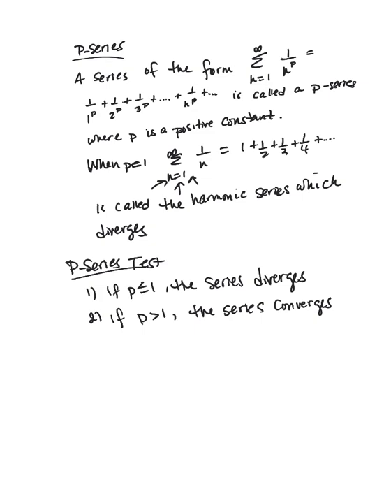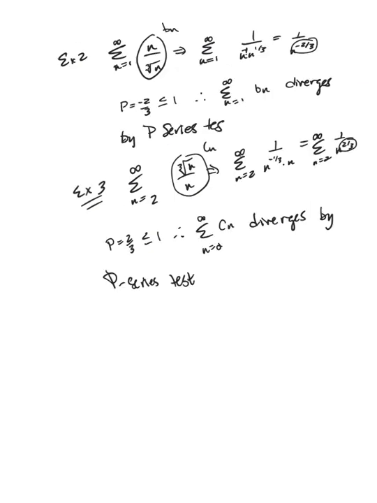All right, so let's take a look. Okay, example, sigma n equals 1 to infinity of 1 over n times the cube root of n. All right, for some reason when I first made this video, I don't know why the recording didn't save on this page. But anyway, for example 2, you have the series n equals 1 to infinity of n over the cube root of n.